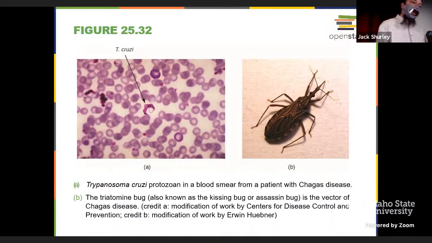The assassin bug, I'm not 100% sure about this. I'm not an entomologist, but I like some of these as far as transmitting parasites. The assassin bug, again, a close cousin. I am not 100% sure whether it is commonly found in Southeast Idaho, but it definitely has been recognized.